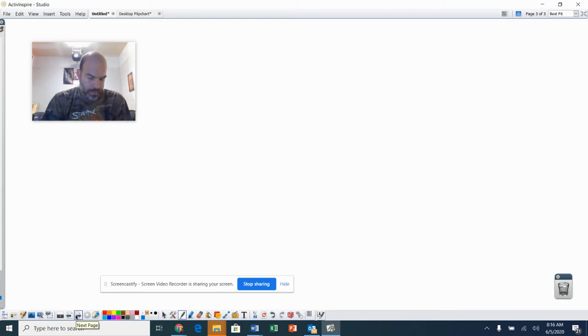So, when we look here, can we trace these? Can we trace on our piece of paper at home? If you have a piece of paper, can you trace around two joined sides onto paper?